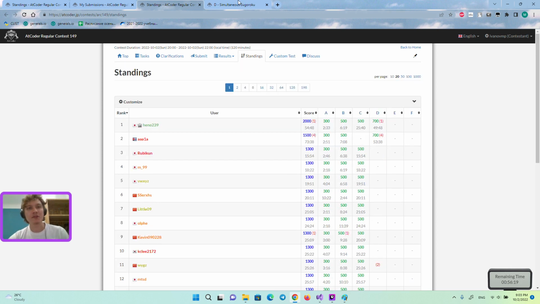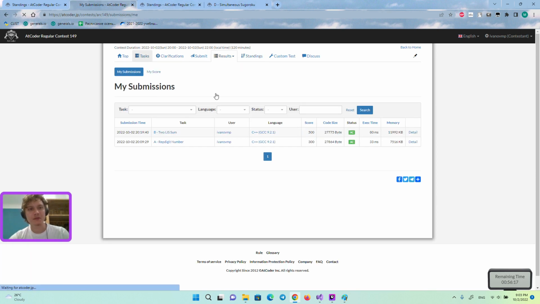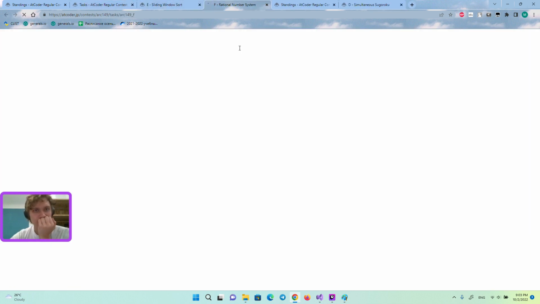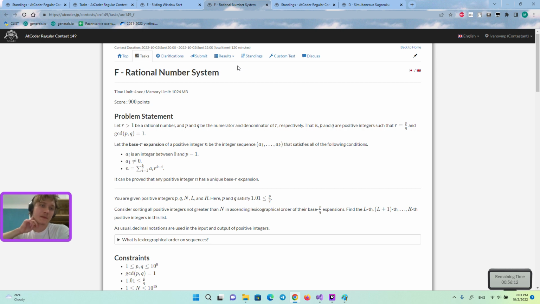Maybe the problems E or F are not that impossible. Let R be a rational number, and let p be a prime with the numerator and denominator of R. Let the base p expansion be this sequence.